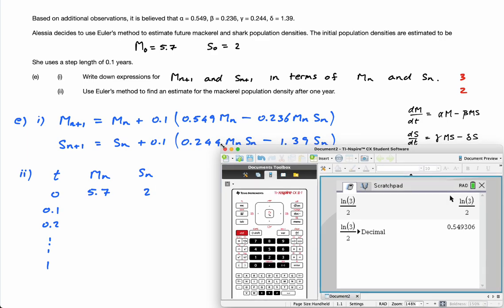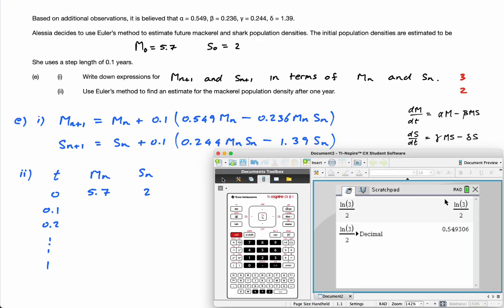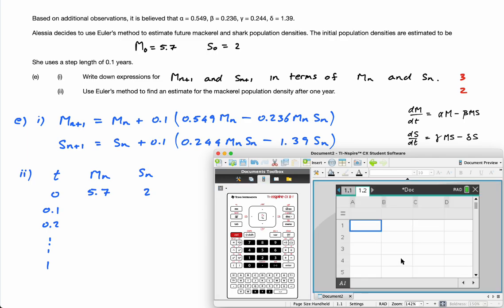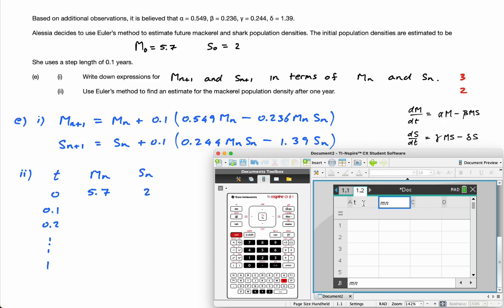Let us open our calculator. I'm just going to make it so I can see my 2 equations. Okay, I'm going to create a spreadsheet. I'm going to put in a t, I'm going to put in an mn, and I'm going to put in an Sn. Here, I'm going to put in my 0.